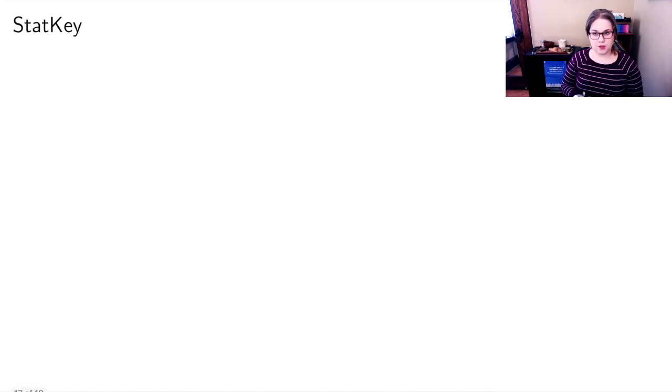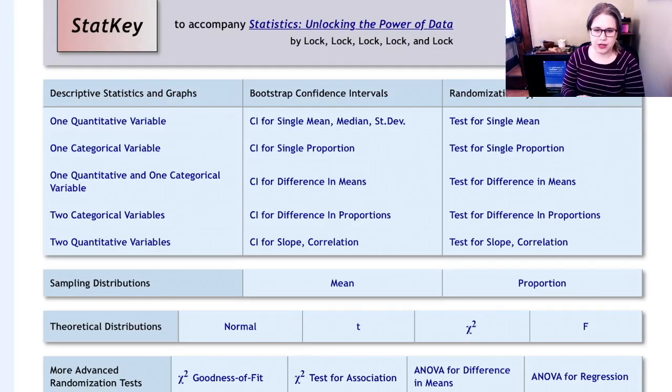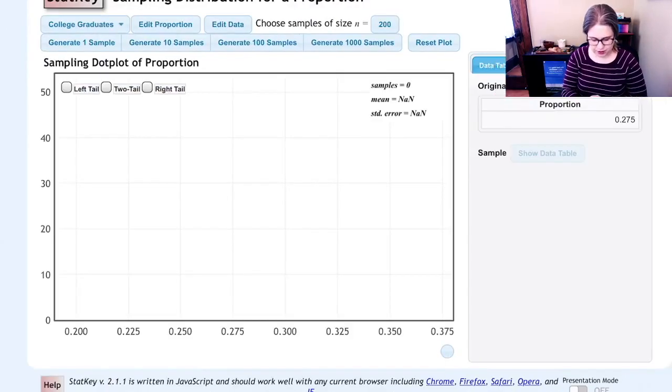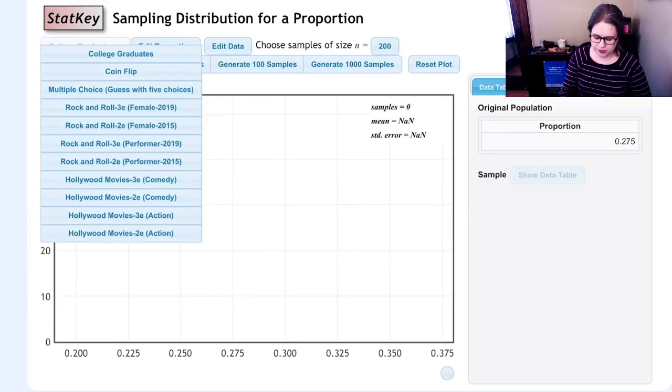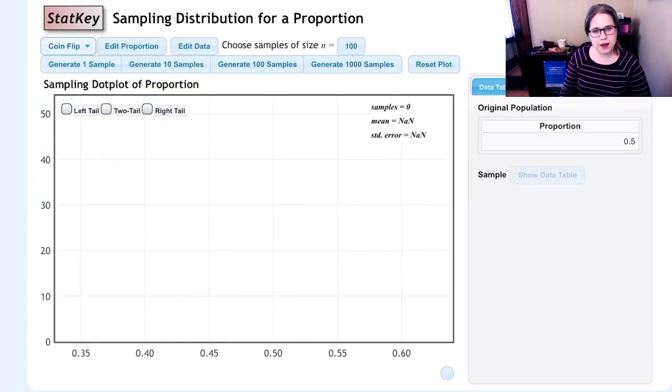I'm going to show you how to do the same thing in StatKey. So once again, I'm going to go to sampling distributions. I'm going to go to the sampling distribution for a proportion. And instead of choosing college graduates, I'm going to choose coin flip. I am interested in trying to build a sampling distribution for the proportion of tails in a coin flip.